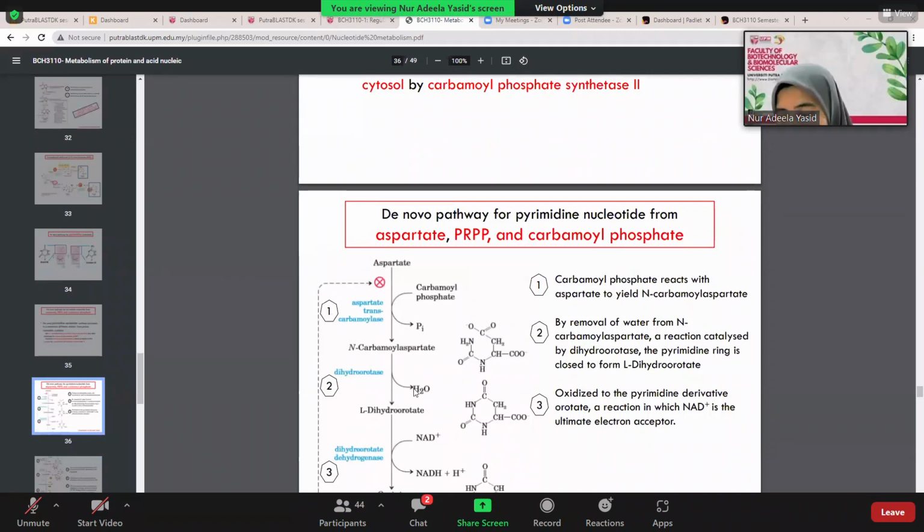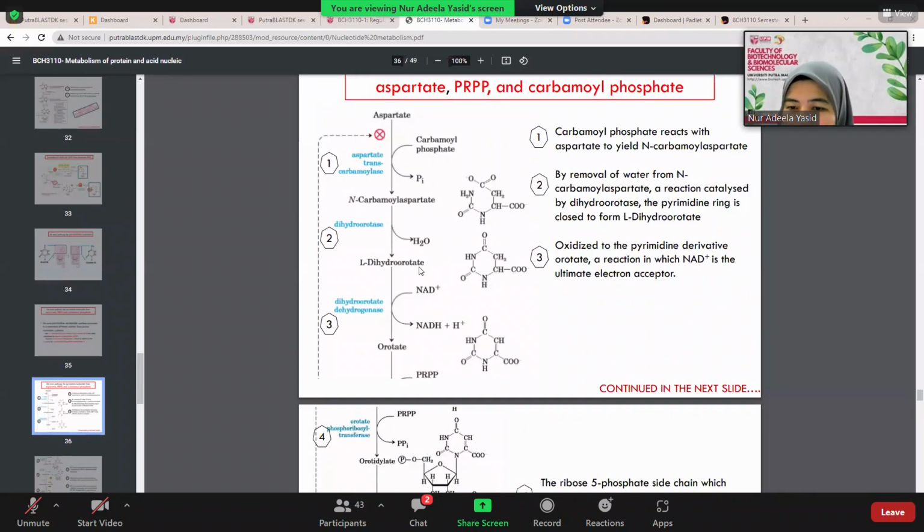Removal of a molecule of water causes the ring to close, kan? So ring closure involves removal of water. Kat mana? Air kat mana yang kat sini? So this H2 dengan O removed as a molecule of water, so menyebabkan ring tu tutup.